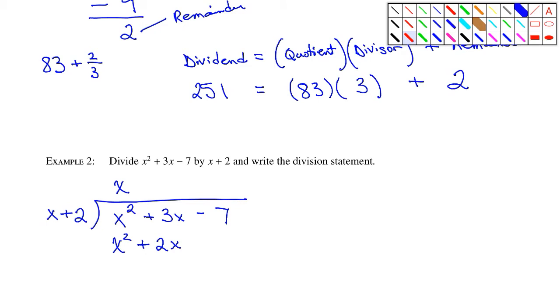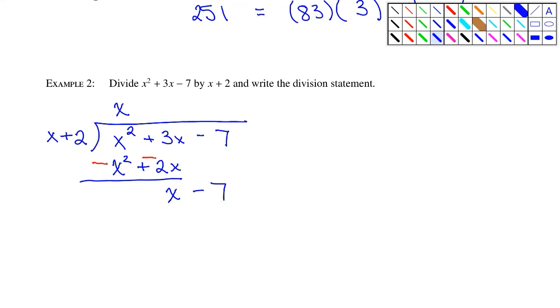Then we want to subtract, and the way we subtract is by changing all of the signs to the opposite sign here. So we'll change both of those signs to negative. x squared minus x squared is 0. 3x minus 2x is x, and then we bring down the negative 7.